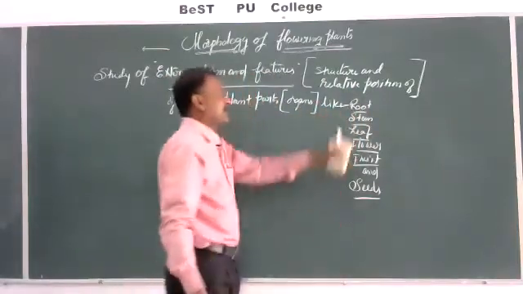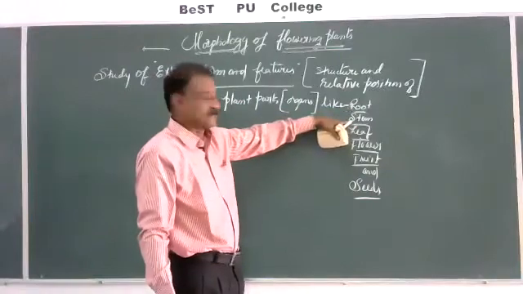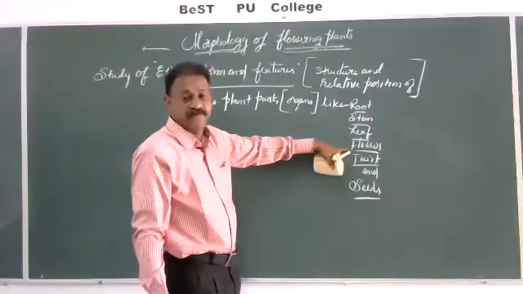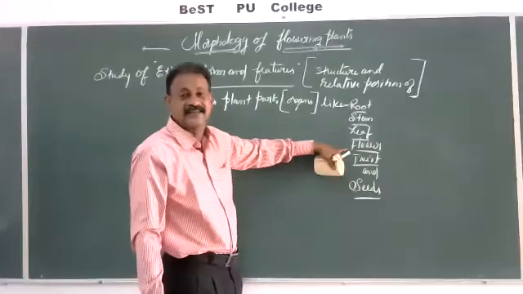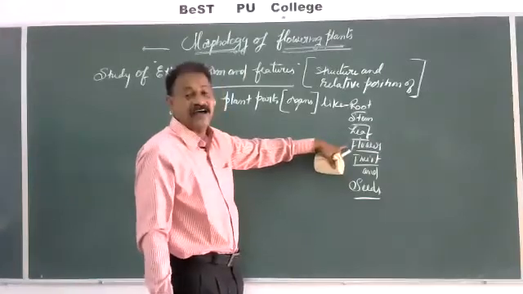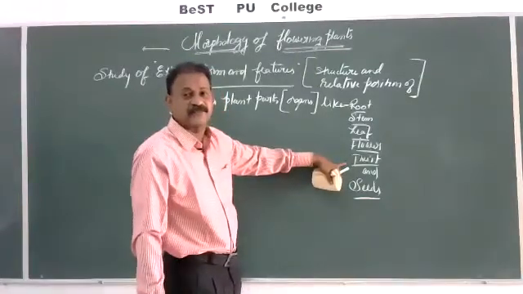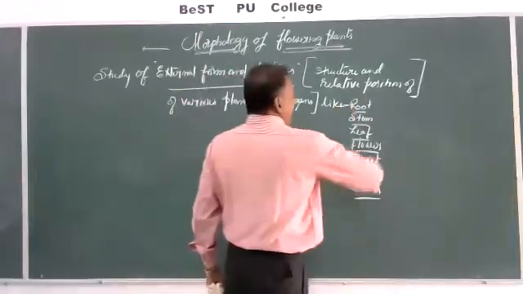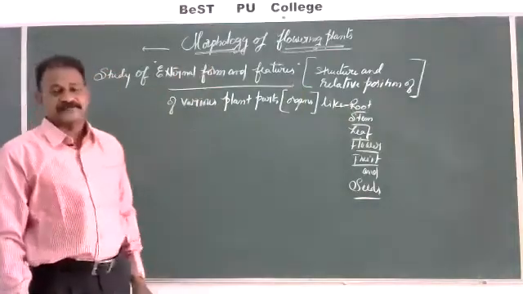Like in a particular plant, how its root system is, how its stem or shoot system is, how it has leaves, how they are arranged. Flower: whether all plants have the same flower or different flowers. Color, size, number of parts in a flower: calyx, corolla, androecium. Fruit: how many types of fruits are there? And the seeds. To study all about these is called morphology.